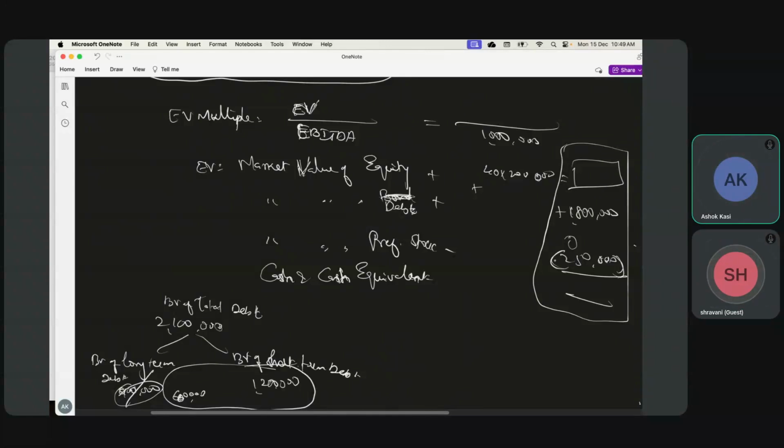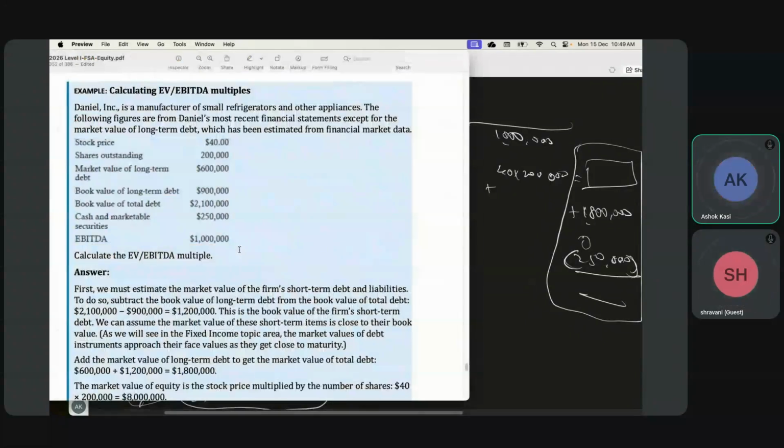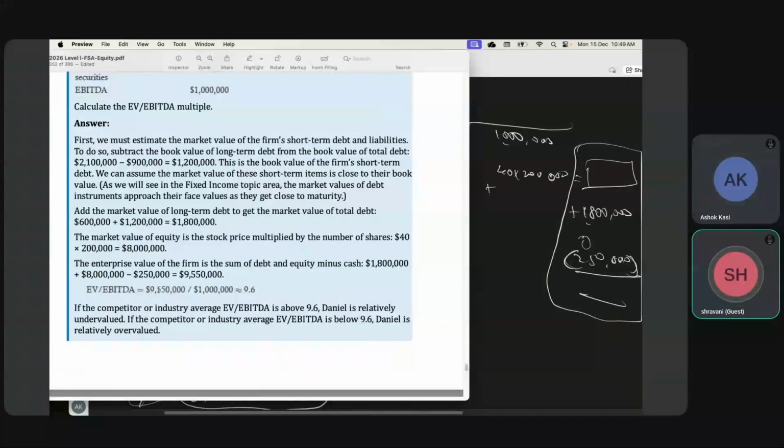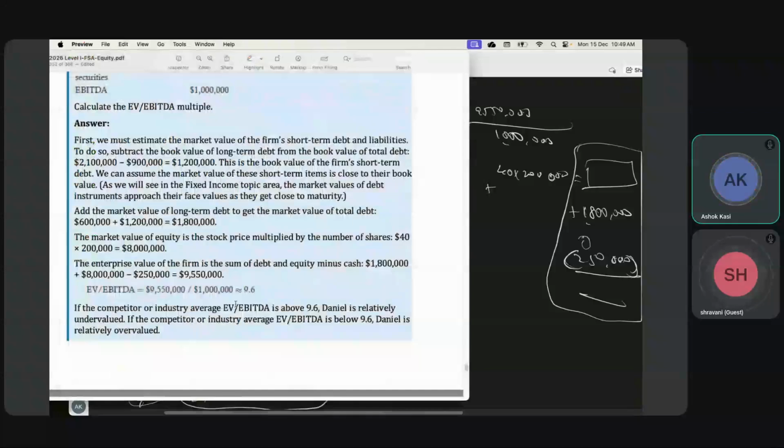You're calculating, right? It's coming to 9,550,000. So 9,550,000 divided by 1 million gives you approximately 9.6, yes, 9.55.